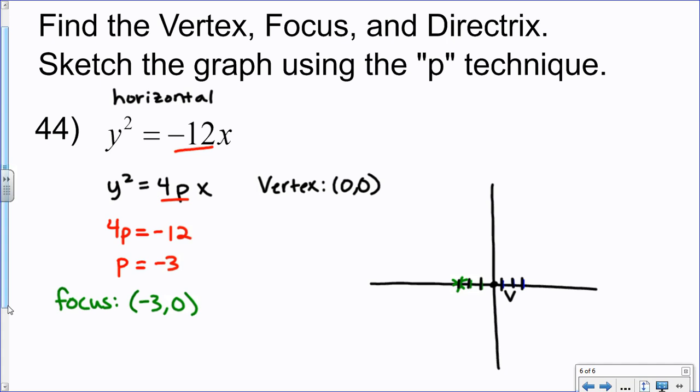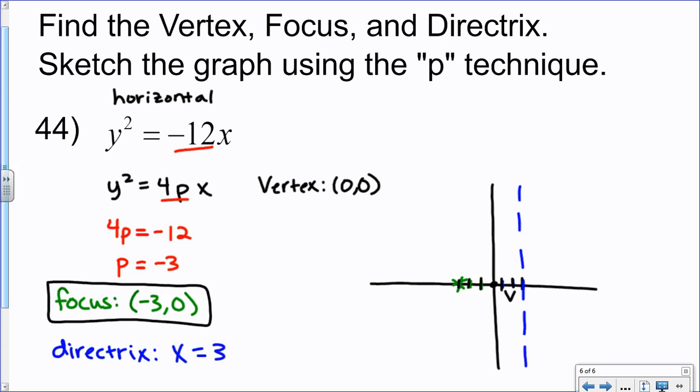It's not going to cross it. Okay, and then, so my directrix is a line, so an equation. It's a vertical line, so x equals, and that's positive 3. So these are the parts that I wanted here.